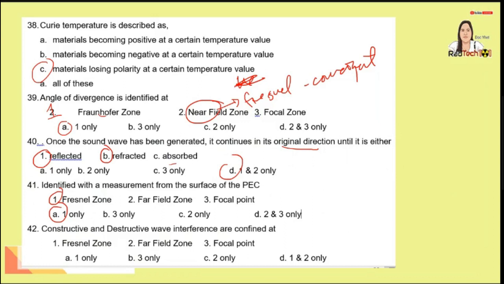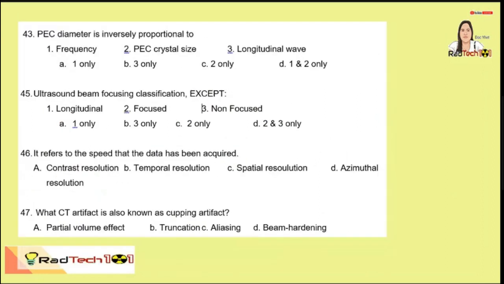42. Constructive and destructive wave interference are confined at divergent zone sa far field. So yung mga interference kaya divergent na siya, constructive and destructive wave interference. So nag-occur na siya sa may far field zone. 43, the piezoelectric crystal diameter is inversely proportional to frequency.